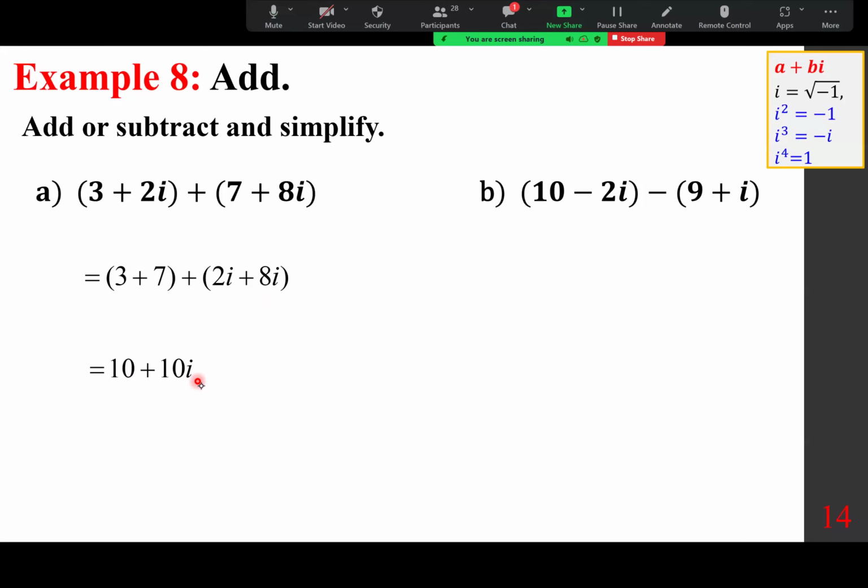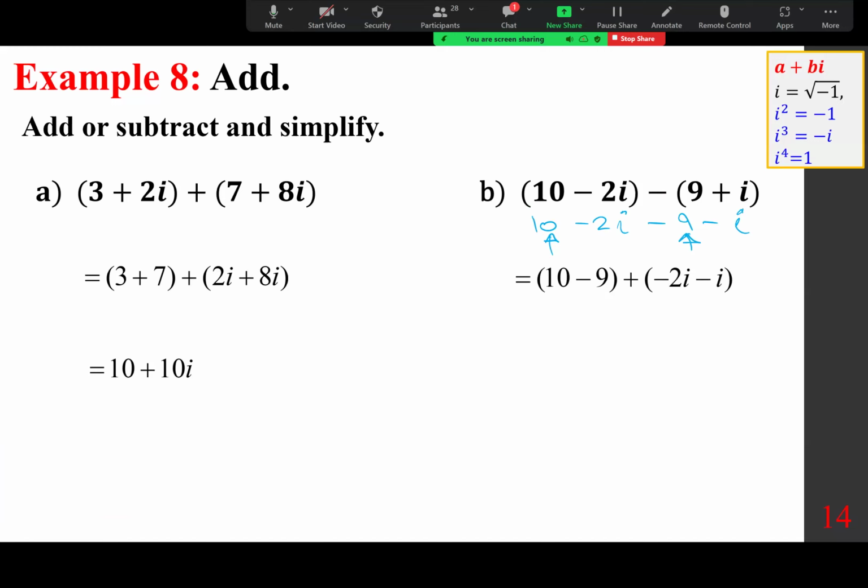Because this one has a negative sign, we have to distribute. And we're going to write 10 minus 2i minus 9 minus i. 10 and negative 9 go together.